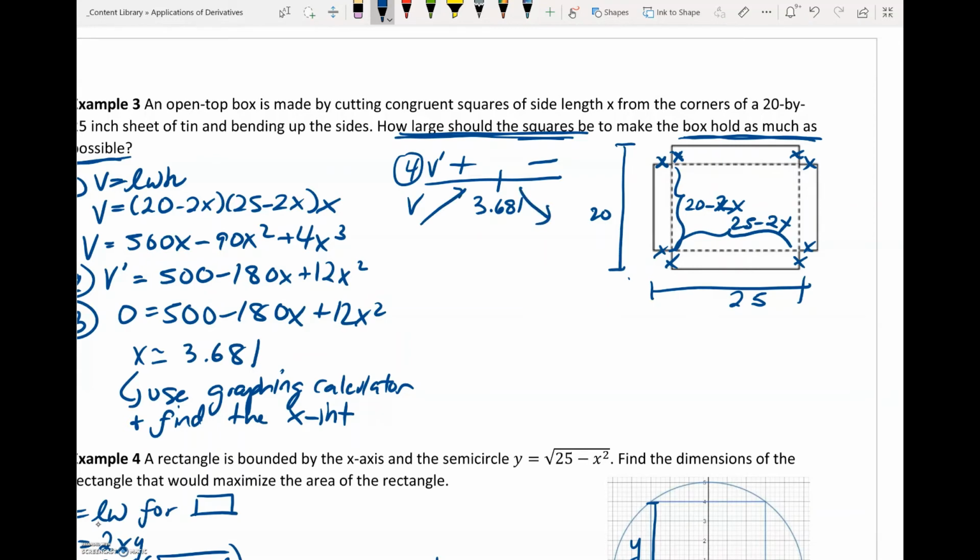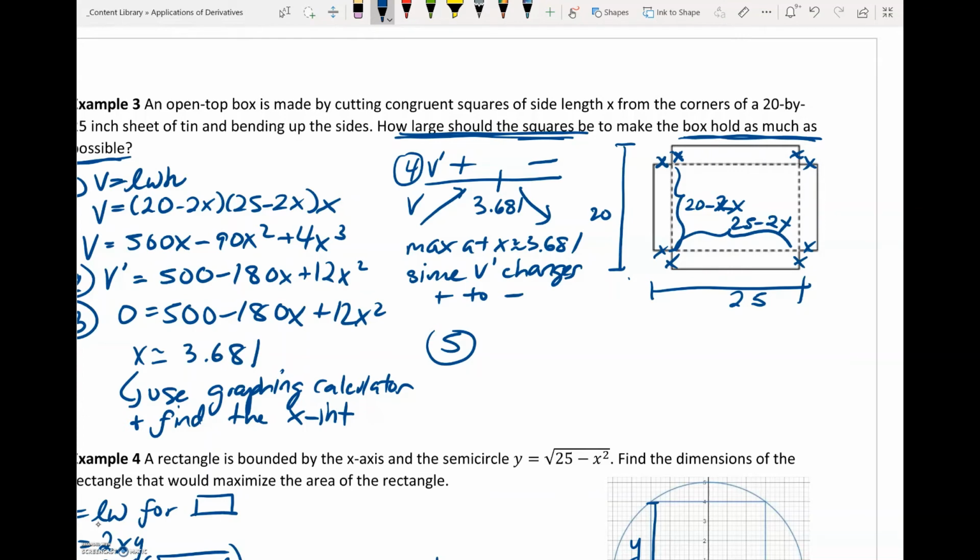So we do have a max at 3.681. And we know this because v prime changes from positive to negative here. Now we want to state our final answer. The question was asking how large should the squares be.